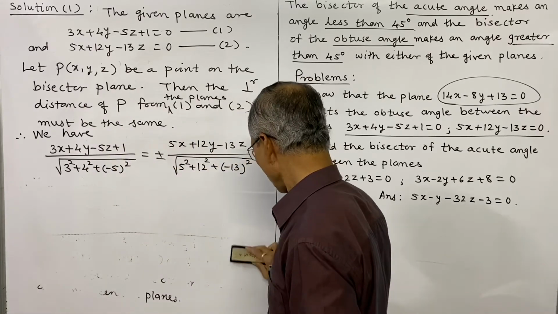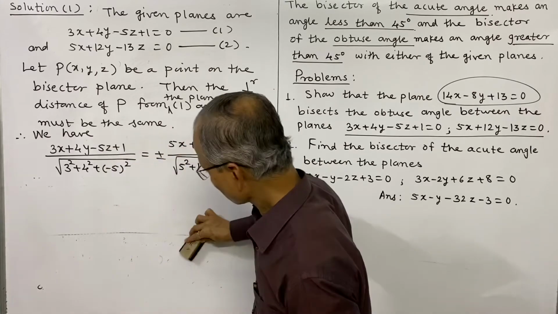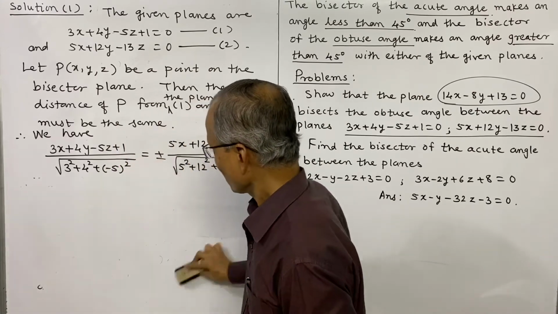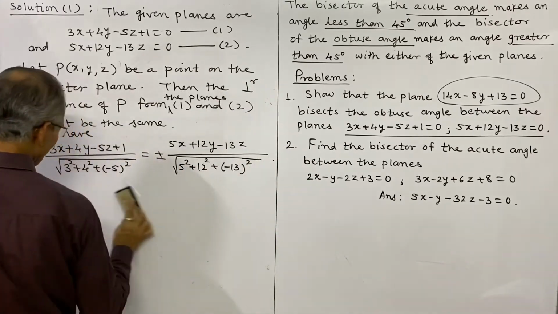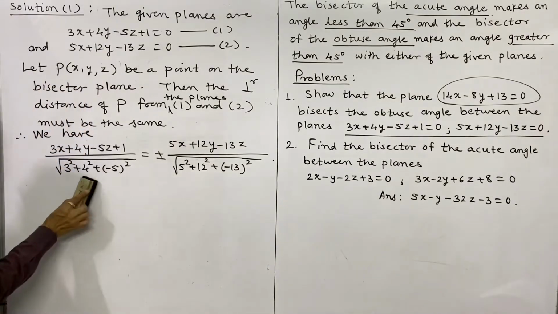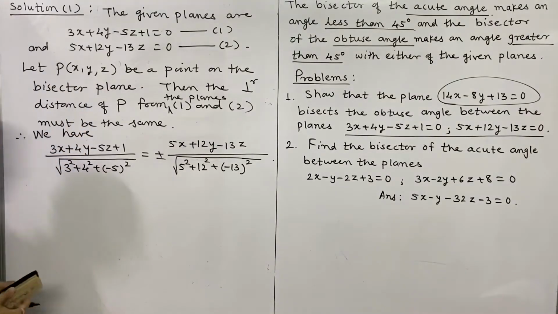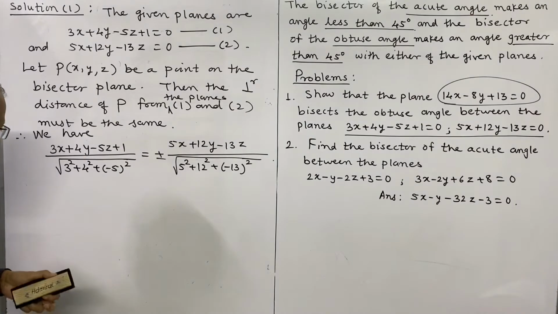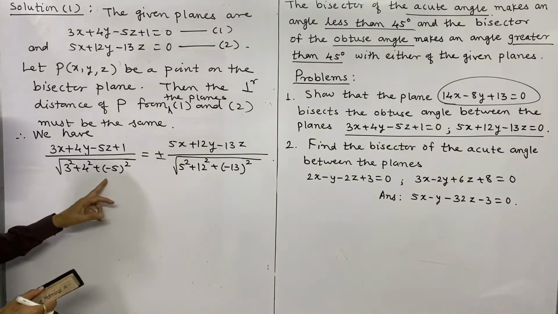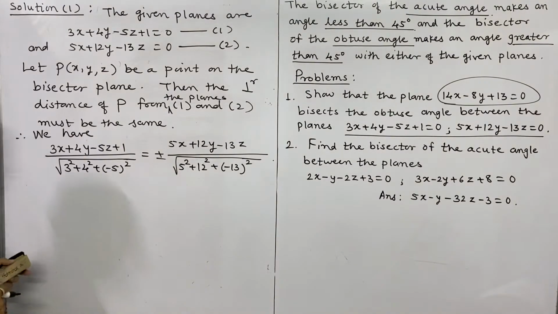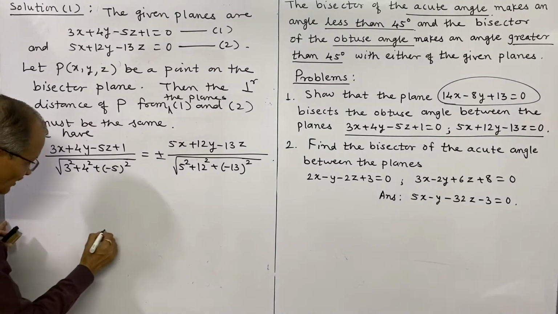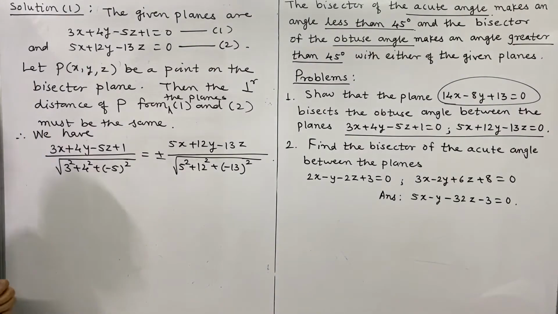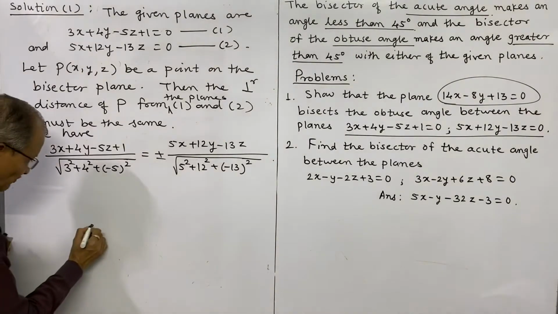Now you see the denominators. What is the denominator here? 3² is 9, plus 16, plus 25. 9 plus 16 is 25, plus 25, it is root 50. So root 50, and that can be written as 25 into 2, or that will be 5 root 2.